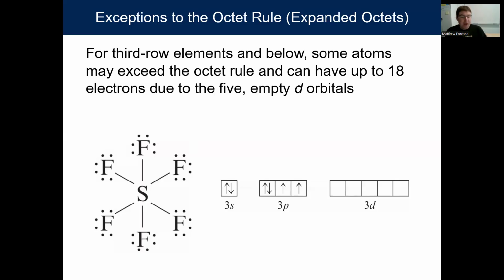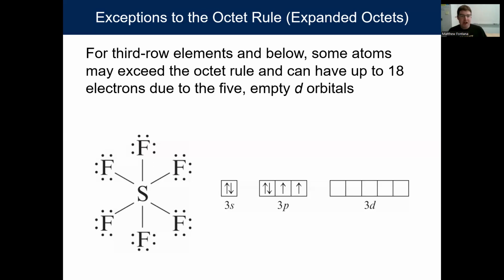But the only thing that looks a little puzzling here is that sulfur does not have eight electrons on it. If we look at this, we see it has two, four, six, 8, 10, and 12 electrons on it. Okay. So sulfur has what's called an expanded octet.